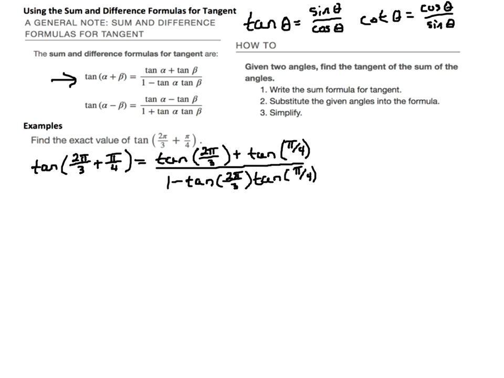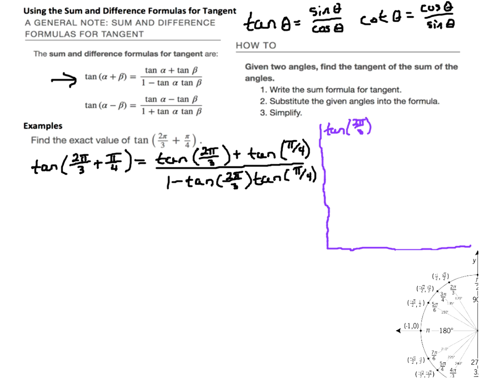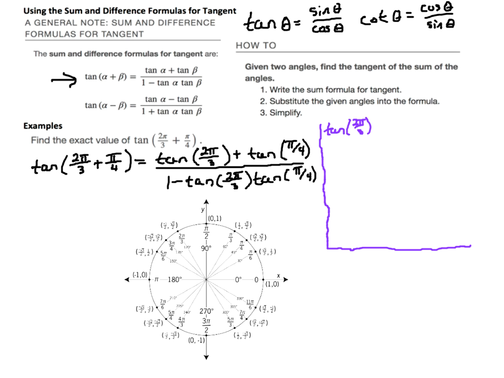Off to the side here, we'll do the fractiony math to get those tangents, since they are a ratio of the sine and the cosine. The tangent of 2 pi over 3, let me paste our unit circle here again so that you see I'm not just making up these values. Tangent is equal to sine over cosine, so that's the y value over the x value.